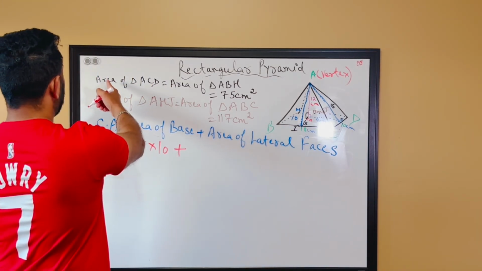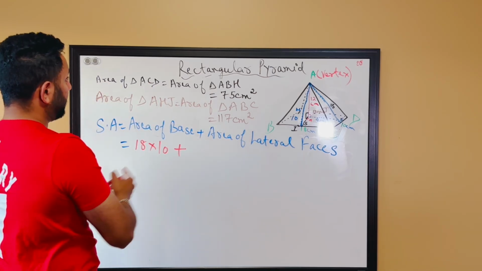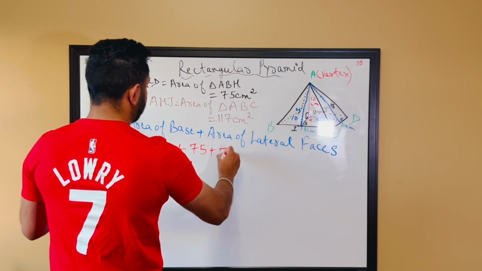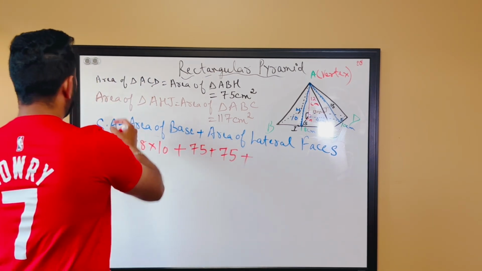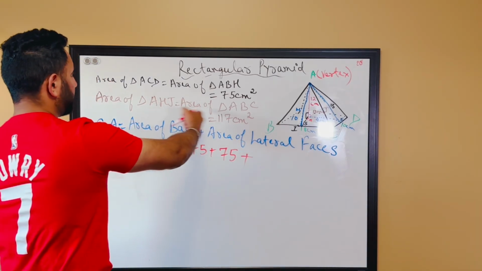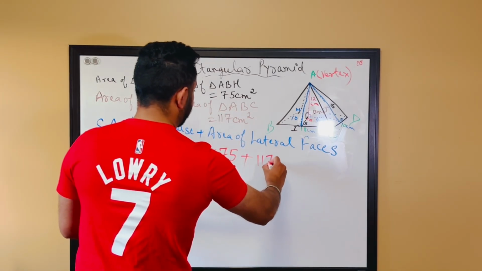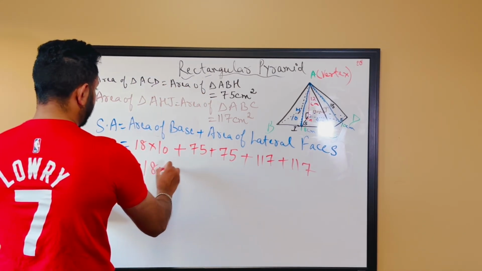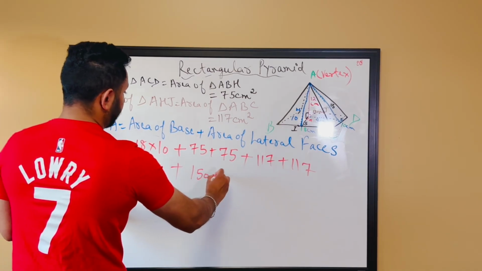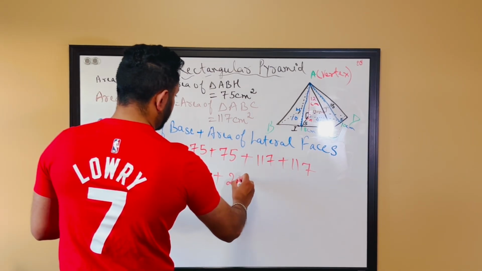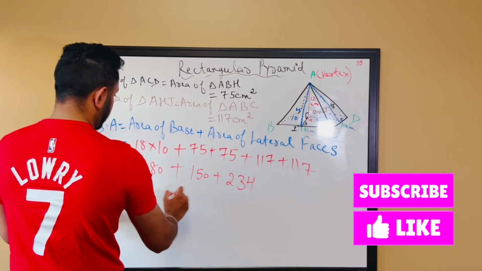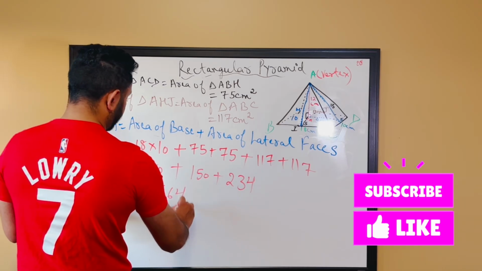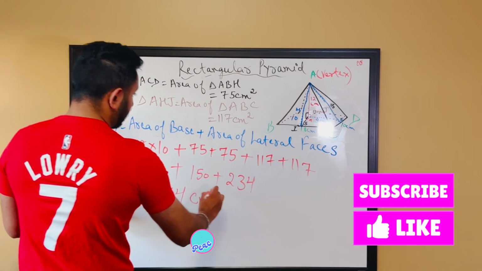So the first lateral face is ACD and the second is ABH, so 75 plus 75, and AHJ and ABC, 117 plus 117. So this is 180 plus 150 plus 234. So after addition it comes out to be 564 centimeter square.